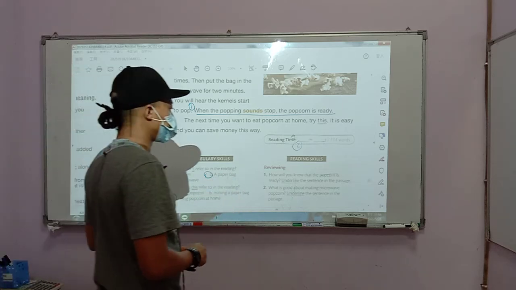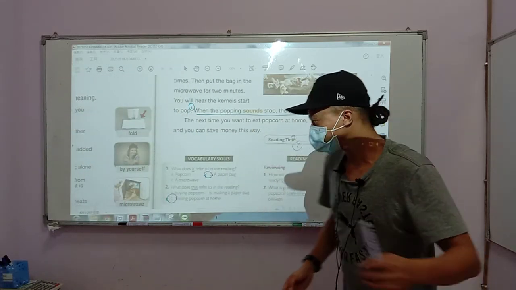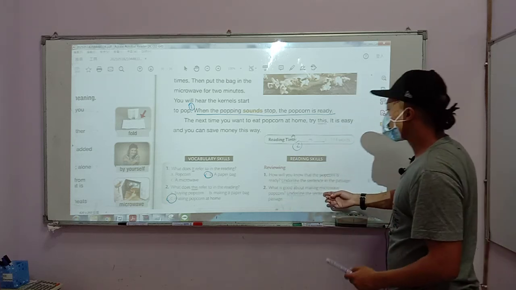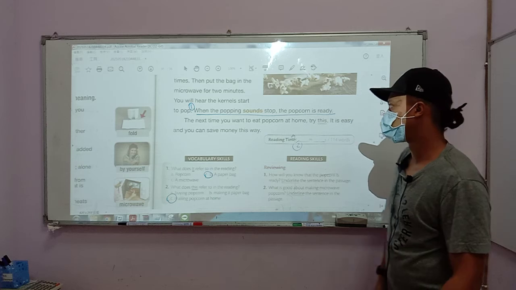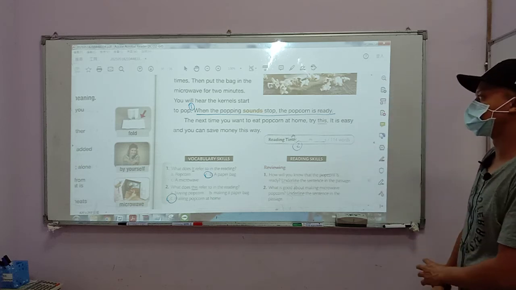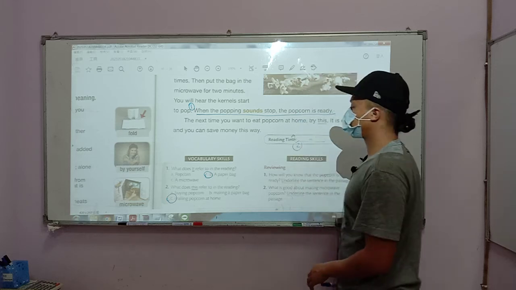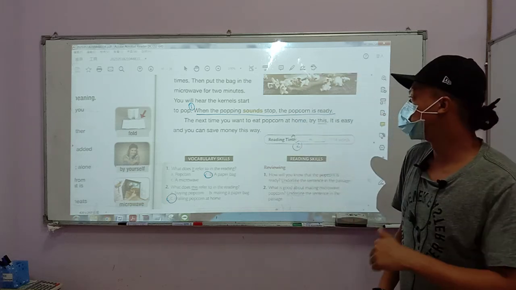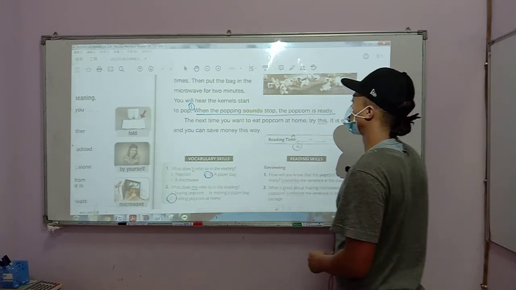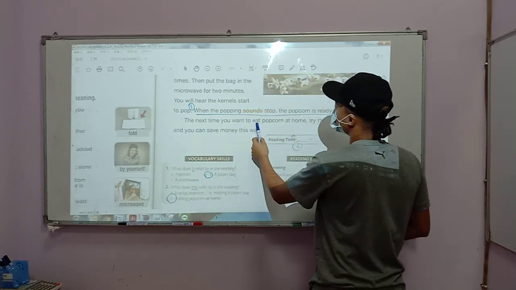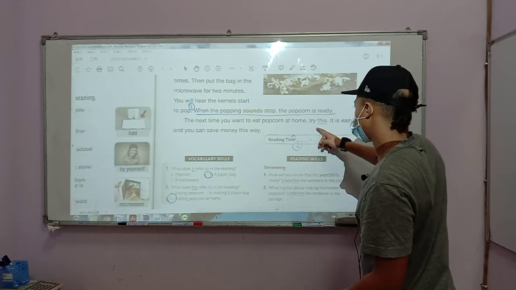Okay, number 2. What is good about making microwave popcorn? Okay, what is good about it? So we need to find a sentence where it tells us why this is a good way to do something. So I'm going to start over here. The next time you want to eat popcorn at home, try this.